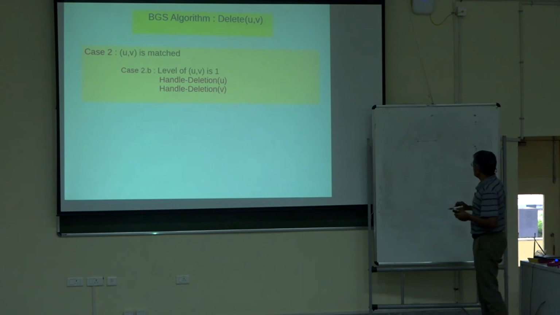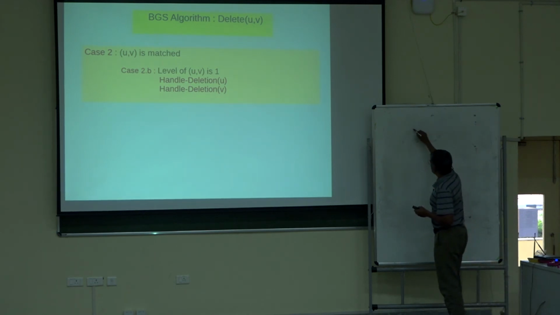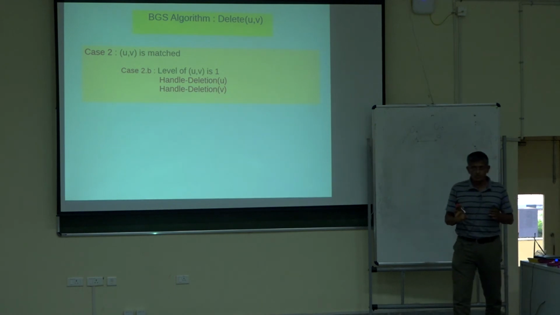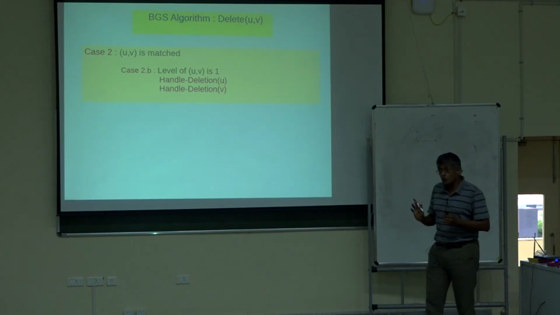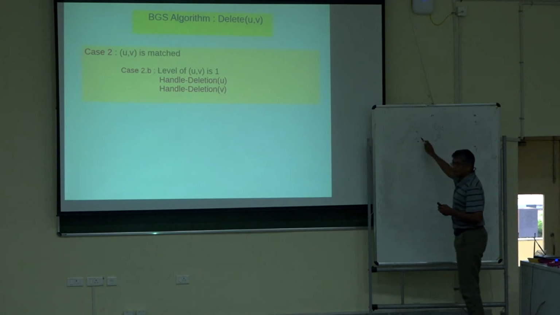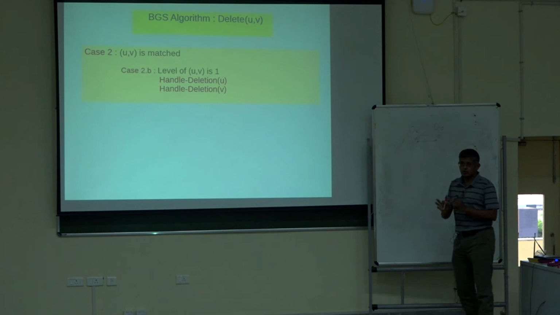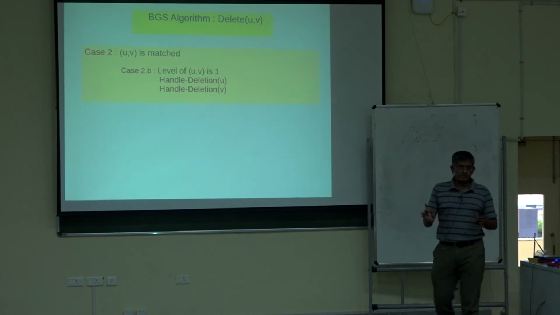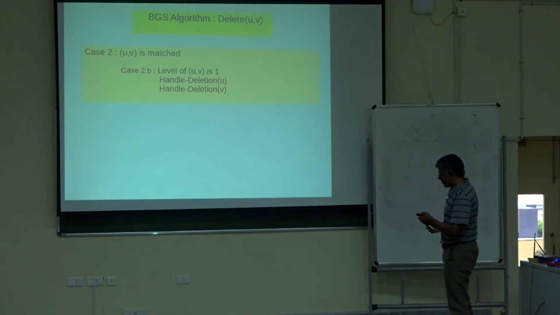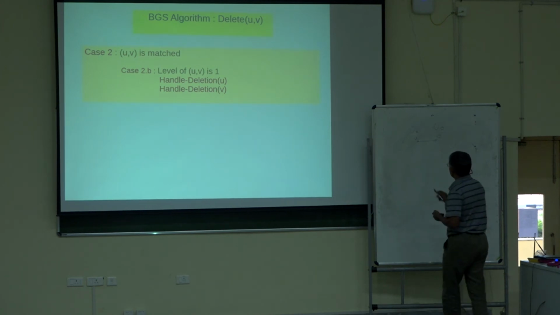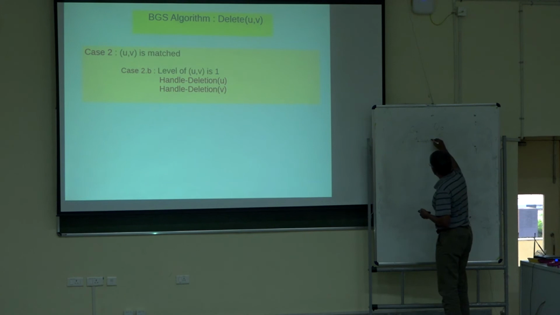And they have their own ownership lists, OU and OV. At this point in time, we know nothing about how large the ownership lists are. We do know that when they did come up, one of them had a high ownership. But we don't know at this point in time what the input sequence has done to the ownership list. So therefore, we have this method which does handle deletion at both the endpoints. Sorry, this was the matched edge. Now this is gone.